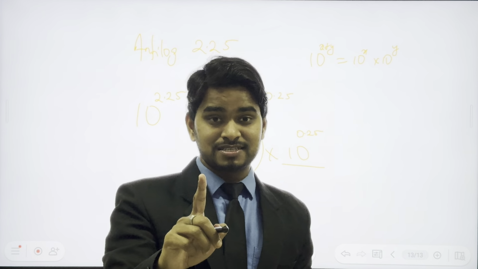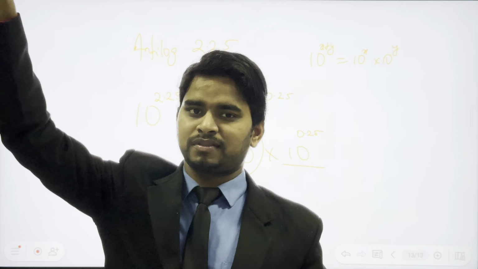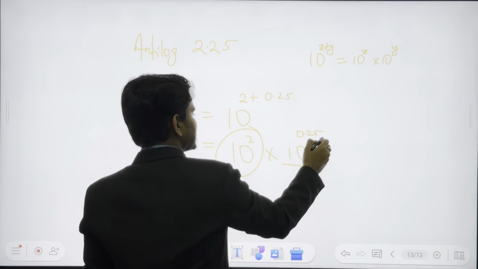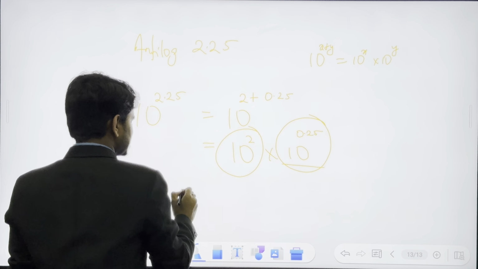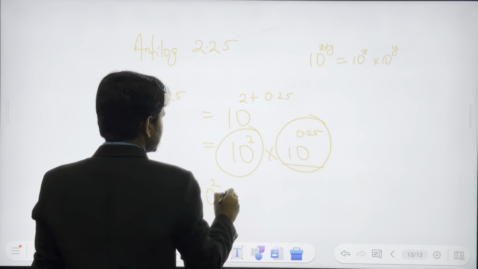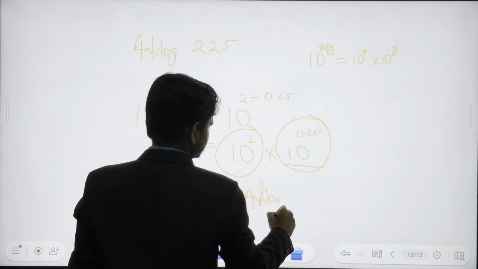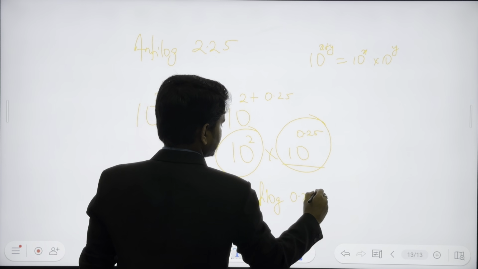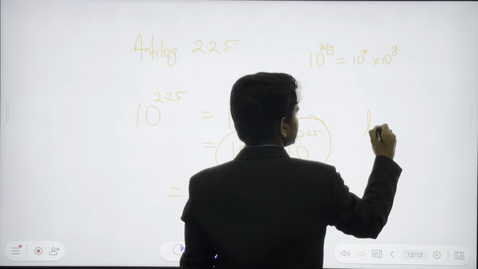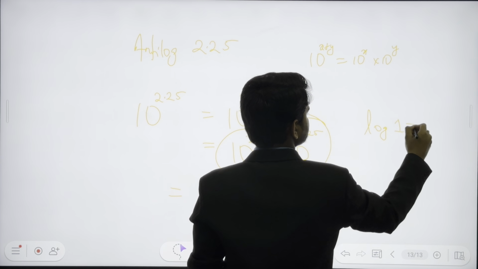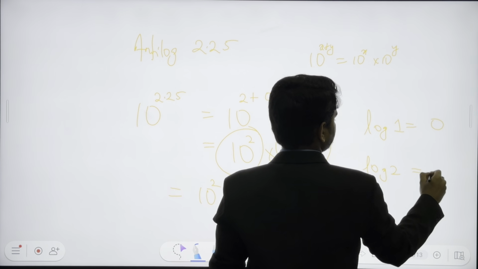For this, you need to remember the log values. So this is nothing but anti-log 0.25. Now guys, you remember log 1 was 0 and log 2 was 0.3.